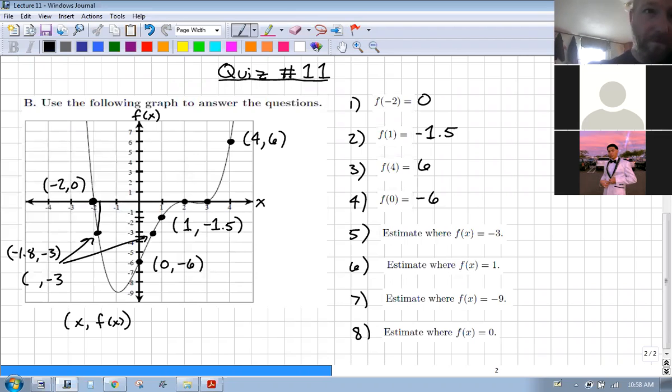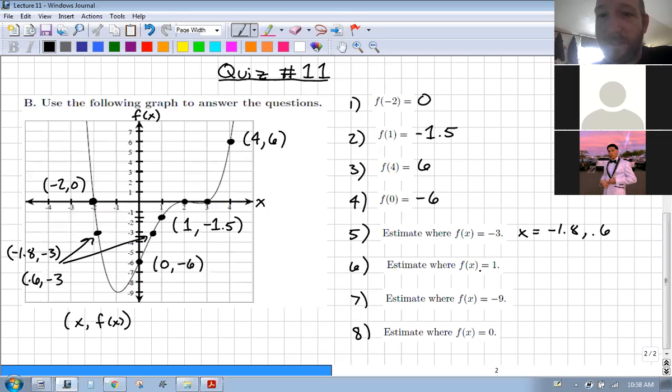And then this one over here, it's a little past the middle, so it's like 0.6. So x is a negative 1.8 or a positive 0.6. It's both of those. There's 2 points that have a y value of negative 3.